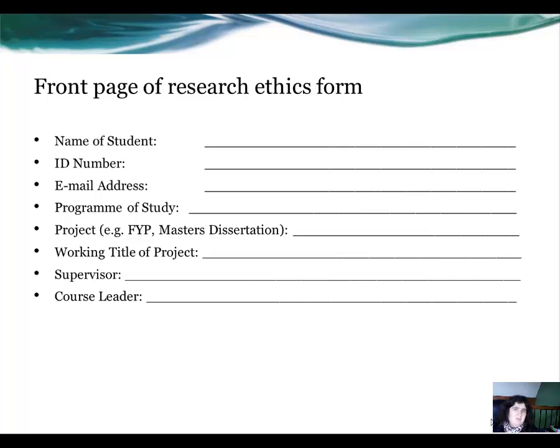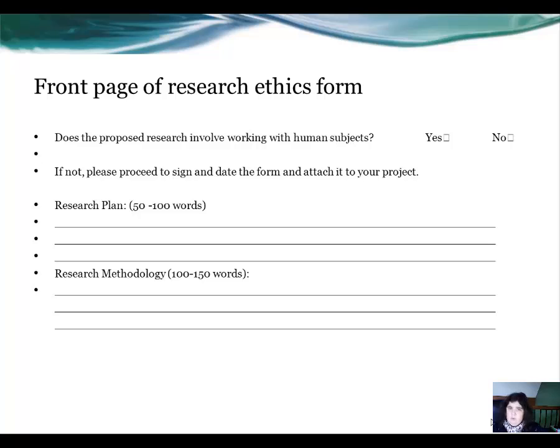As you can see, the supervisor's name is stated up front, and then the last part of the application requires a signature from your supervisor. So in order to complete and get ethical approval, you need to actually have a supervisor allocated to you. The other part of the front page of the research ethics form actually has a series of questions that it asks you to populate.